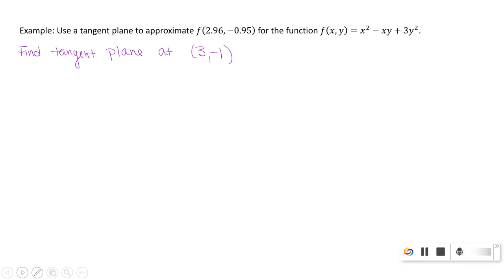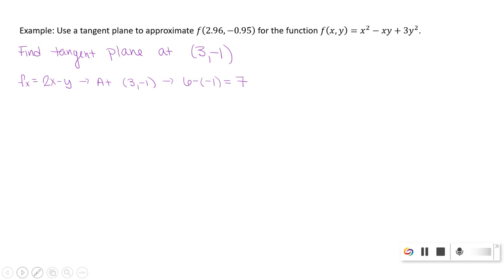So the idea is to choose a point of tangency that's nice whole numbers that are easy to work with, but that are really close to the numbers you're trying to estimate at. Okay, so I'm going to come up with a tangent plane at x = 3, y = -1. So to do this, I'm going to find my partial derivatives of that surface.